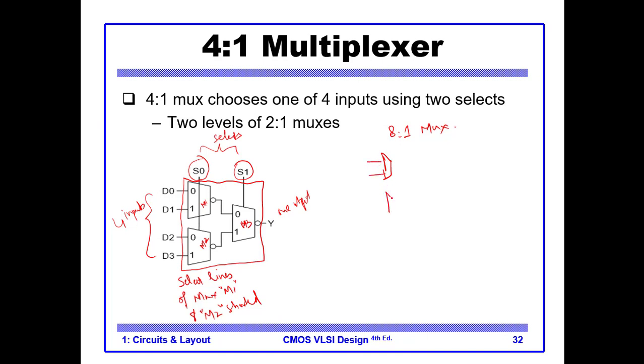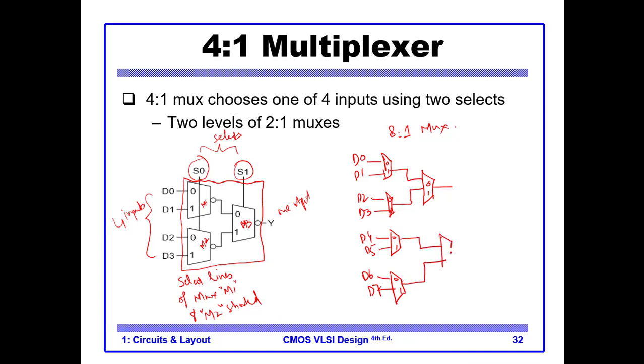So an 8x1 mux has 8 inputs. So here we have 8 inputs: D0, D1, D2, D3, D4, D5, D6, D7, and this is 0, 1, 0, 1, 0, 1, 0. And on this we connect another layer of muxes.